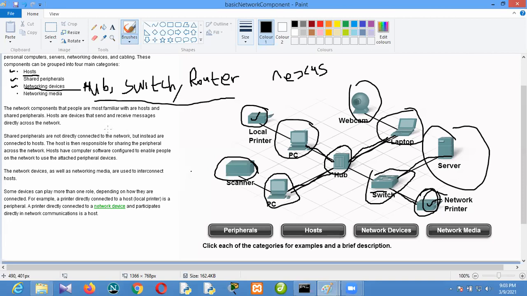Now, remaining the last one, which is network media. The name media means a means.